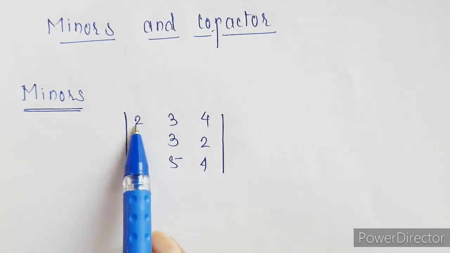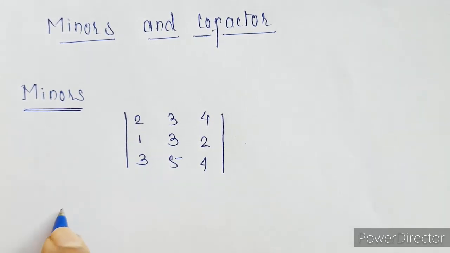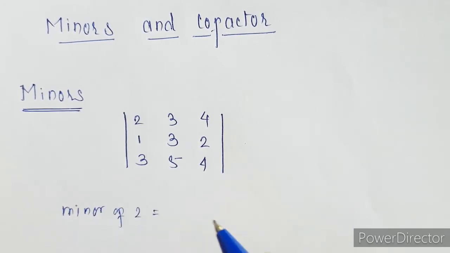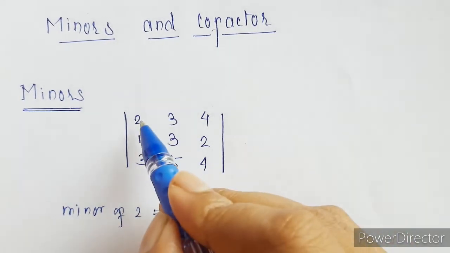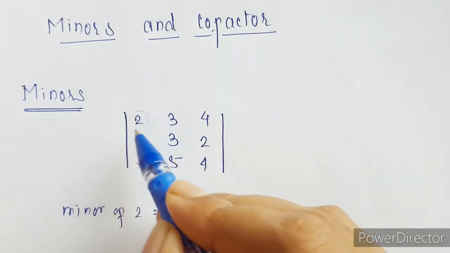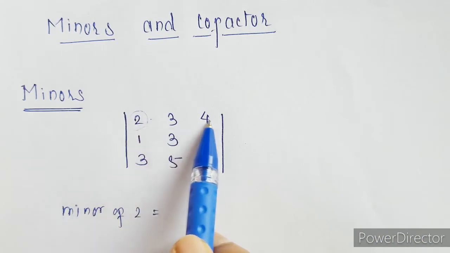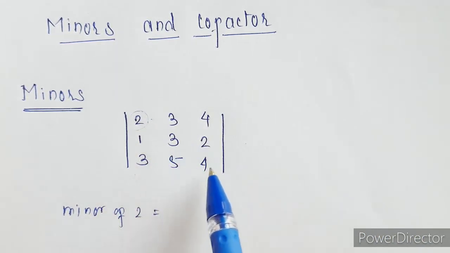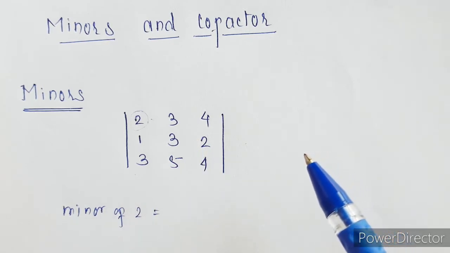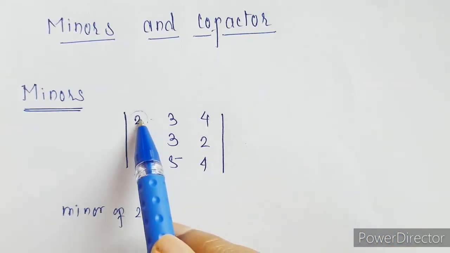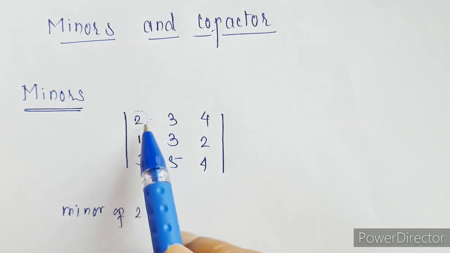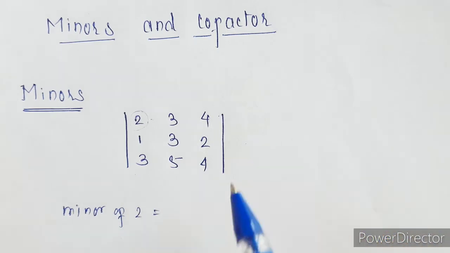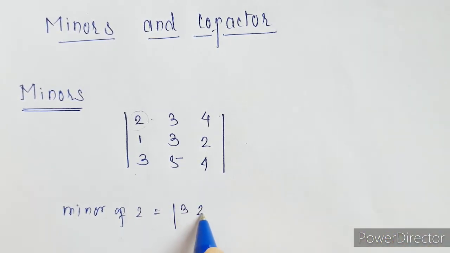So minor for this first term, that is 2, let me write it here, minor of 2. Whenever we are finding the minor of this 2, we have to forget about the same line and same column, and take the remaining numbers. Just assume that this same column and same row doesn't exist, so remaining are 3, 2, 5, 4, and then we have to find the determinant of the remaining terms.